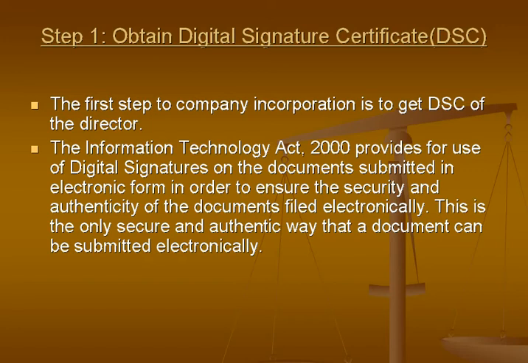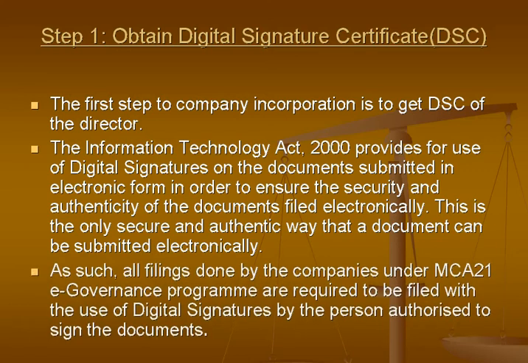This is the only secure and authentic way that a document can be submitted electronically. As such, all filings done by the companies under the MCA 21 e-governance program are required to be filed with the use of digital signatures by the person authorized to sign the documents.